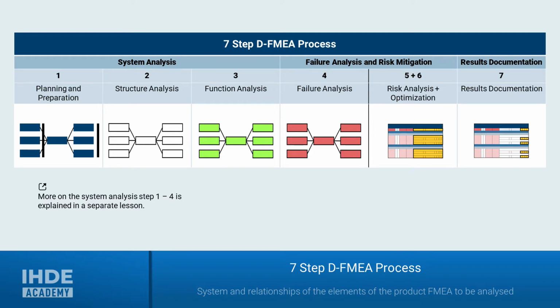Secondly, the structural analysis, followed by the functional and failure analysis. In this example, these steps have already been carried out as part of a previous lesson. This lesson is about steps 5 and 6, with the risk analysis and the optimization with the status of the different actions. At the end comes the risk and results documentation.